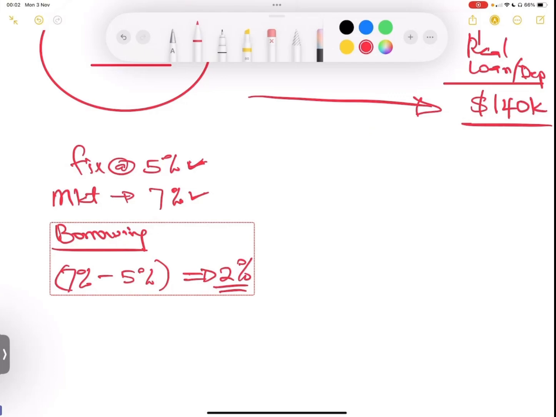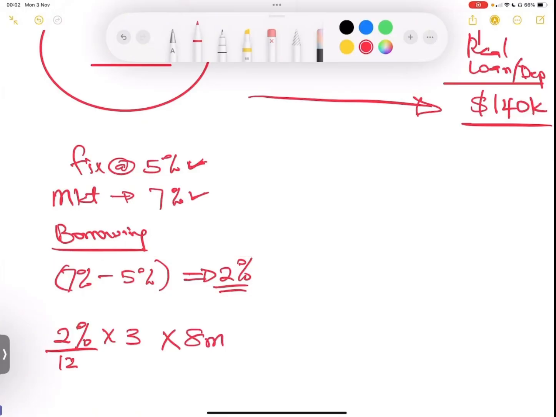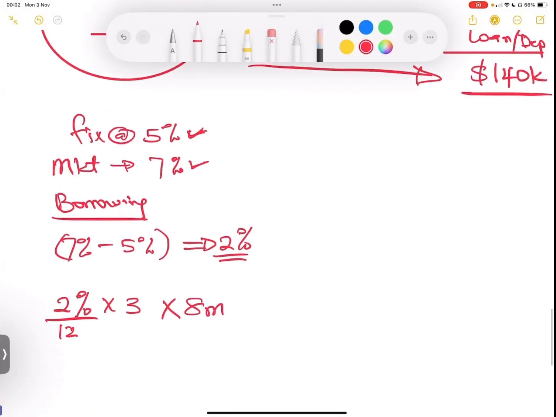So if you want to convert this to the 3 months loan, this FRA would have saved us 2% over 12 times 3 months, then multiplied by the principal. So the principal remains the 8 million.